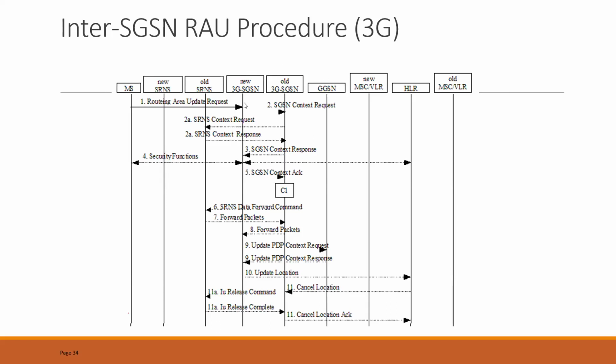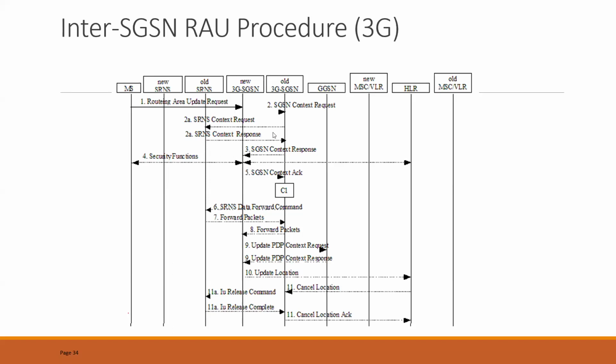Your SGSN is not involved in the user plane. So GGSN will send the packets to your RNC, and RNC will buffer those and then send the packets to the MSISDN based on what throughput is available and how good a signaling quality you have available.